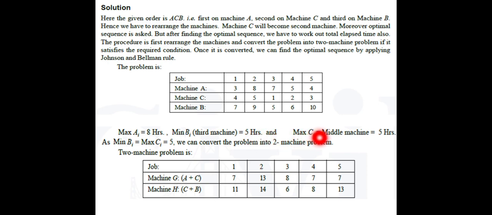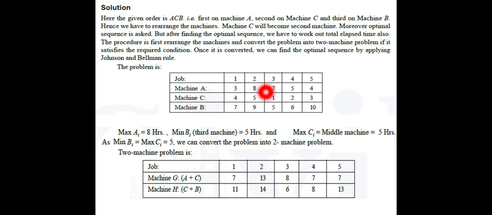So two machine problem means what? We add the processing times of machine A and machine C, and call it machine G, that is A plus C. And we add the processing times of machine C and B, and call it H. That is what is given in this table. 3 plus 4 is 7 for machine G for job 1.